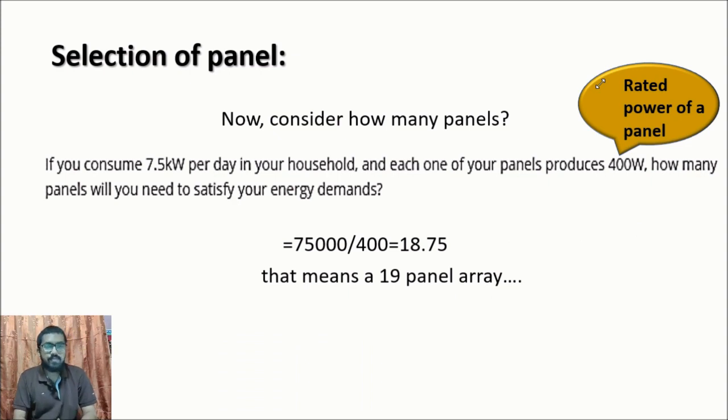If you consume 7.5 kilowatt per day and your selected panels have 400 watt rated power, then just divide 7.5 kilowatt by this 400 watt. Then you will get this value 18.75. That is almost 19.